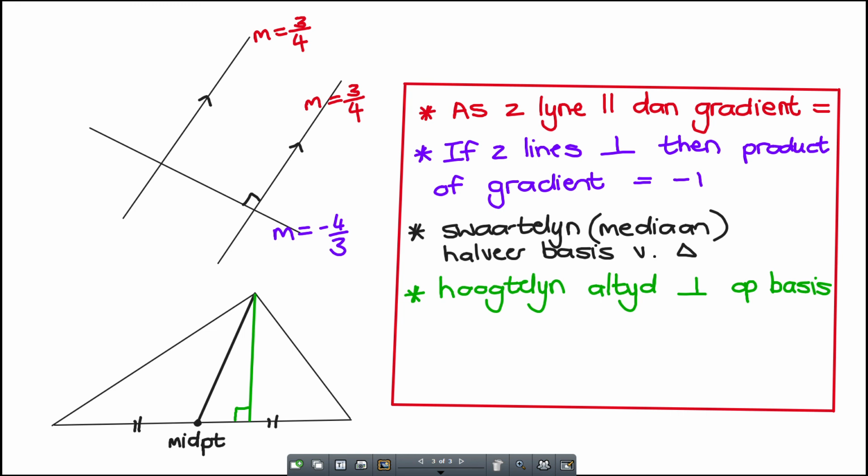Okay, so dis die laaste een. Middel loodlyn. Perpendicular bisector. Is loodreg op lyn en sny in die helfte.